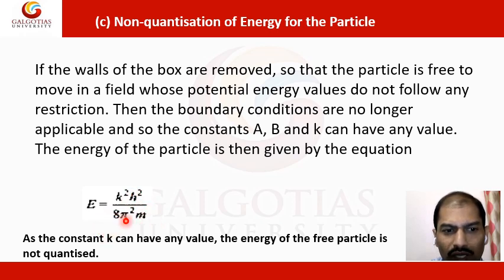As the constant k can have any value, the energy of the free particle can take any value, and in this way you can find the energy of the particle by this equation, k square h square upon 8 pi square m. Here all the terms have their usual meanings: mass, Planck's constant, h square.